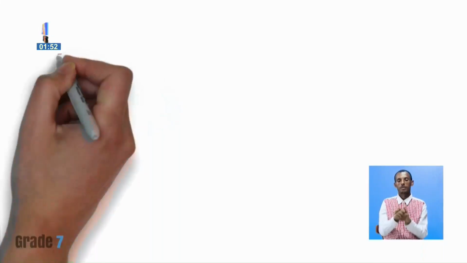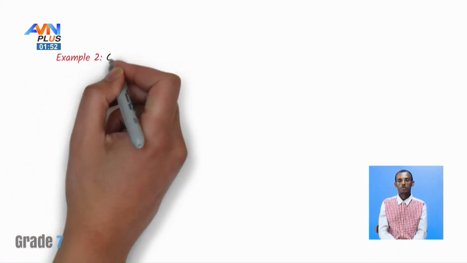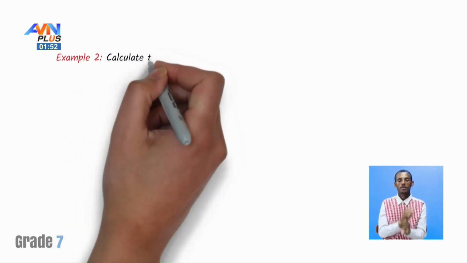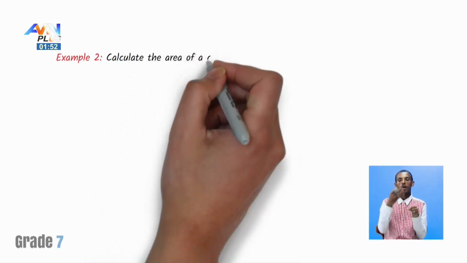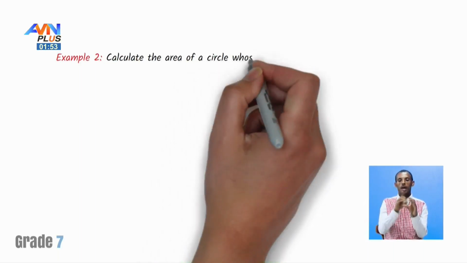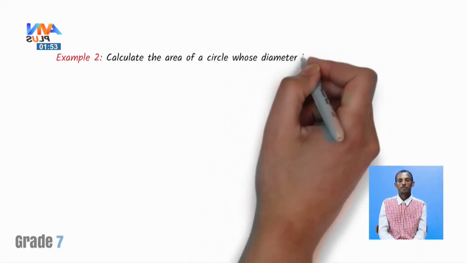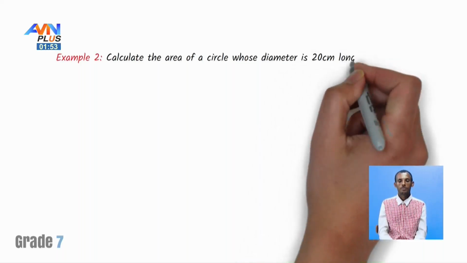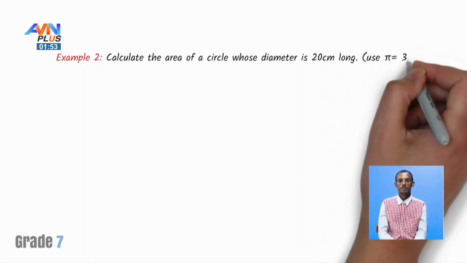Example 2. Calculate the area of a circle whose diameter is 20 centimeters long.